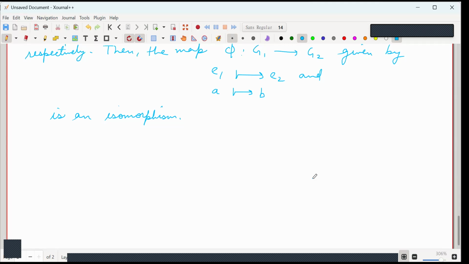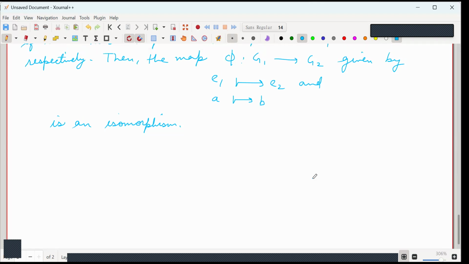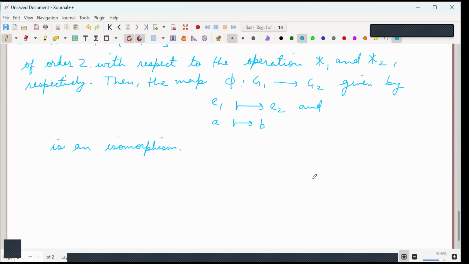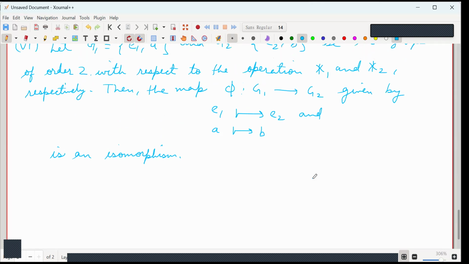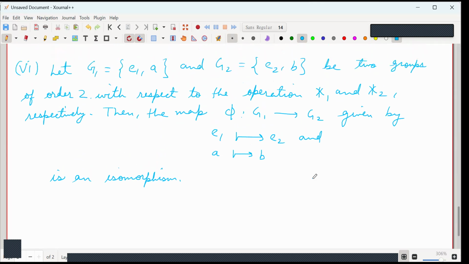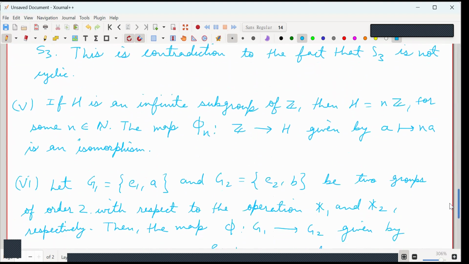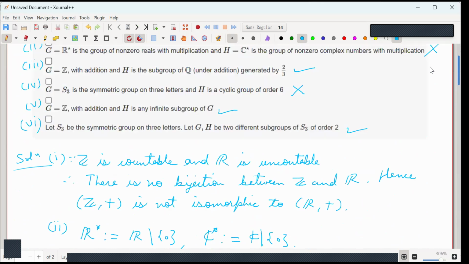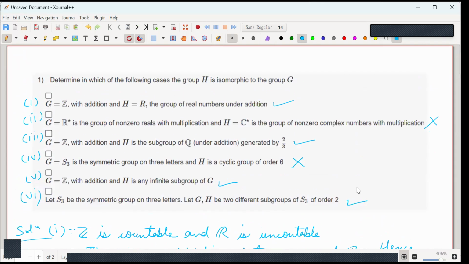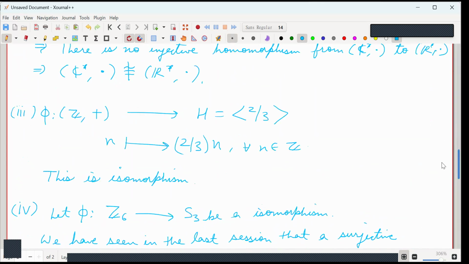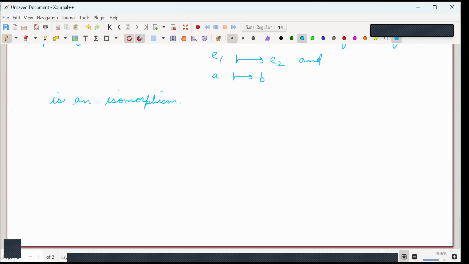So even if it looks very easy, try to show it using the properties. There should be a mathematical proof to every trivial thing. Okay, sir. So that's it. First question is over. Now we can move to the second one.